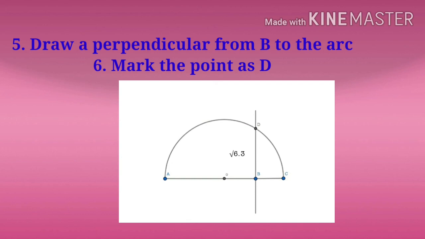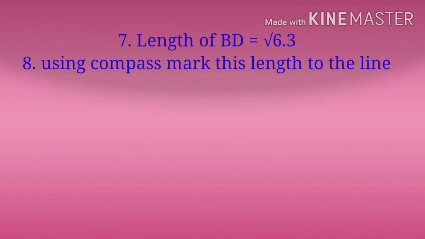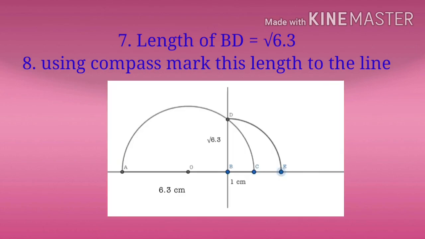So mark that joining point as D. So you will get another line BD, right? Here the length of line BD is root 6.3. So you will get the measurement of root 6.3.